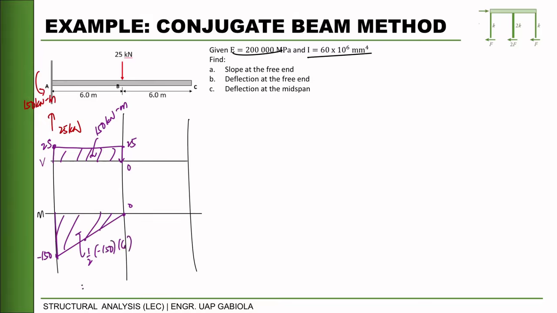So negative 450 over, don't forget EI. Okay, so what we need is the slope at free end. So that is theta C, delta C, and deflection at midspan, so delta B. Okay, so let's create the conjugate beam.